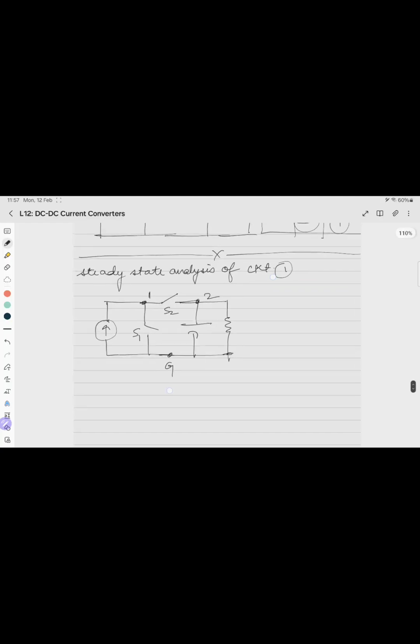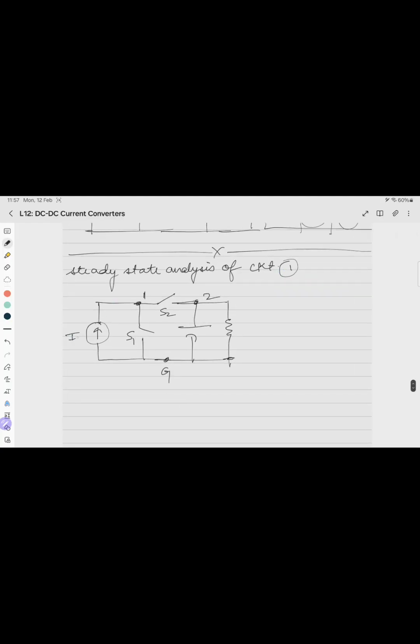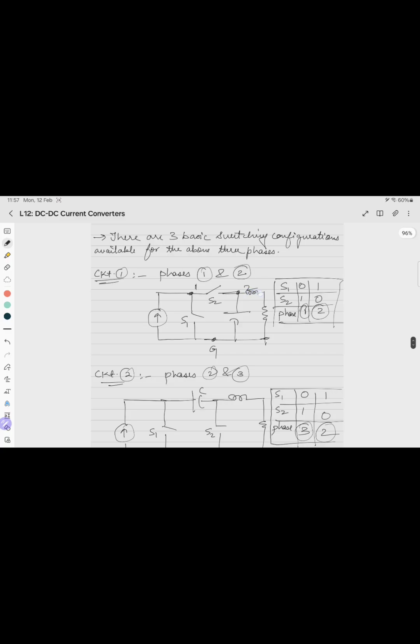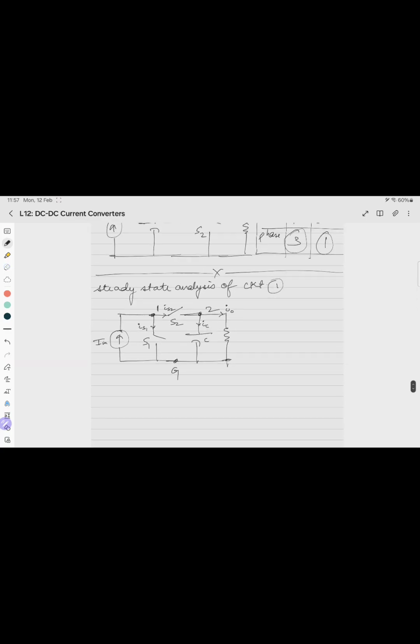So this is the circuit configuration. This is the IN, this is IS1, this should be IS2, this is C, this is IC, this is I0. Oh, I forgot the inductor. Like this, the inductor should be here. This is L, this is IL, this is R, this is V0.